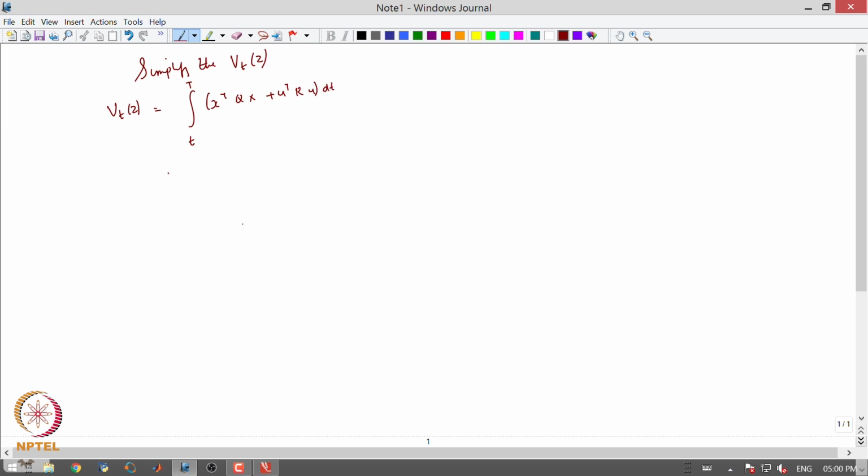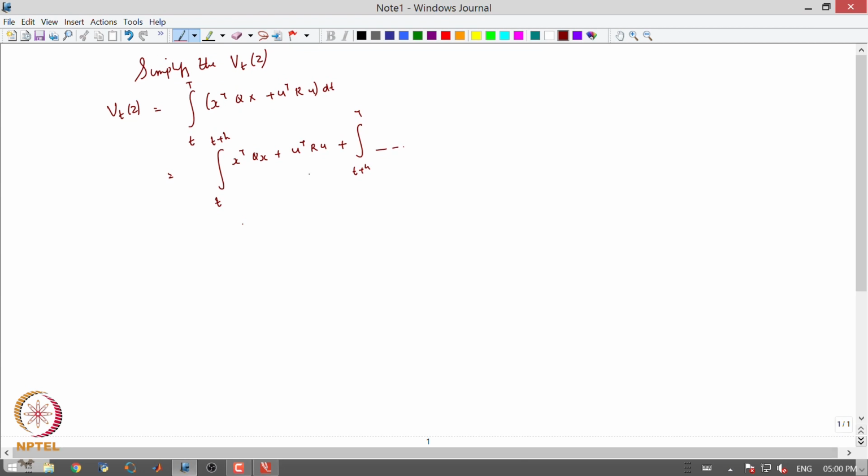This I can write as two parts. One is an integral from t to t plus h with the same things inside, x transpose Q x plus u transpose R u, plus the term integrated from t plus h to T with the same thing in the bracket.